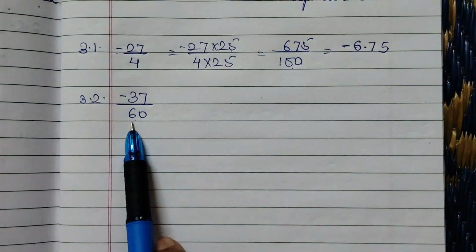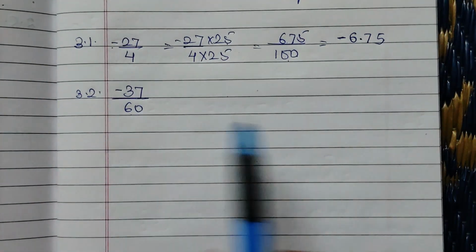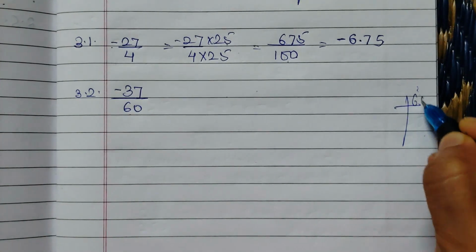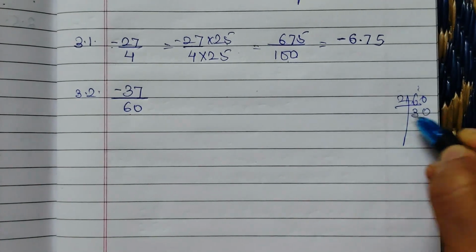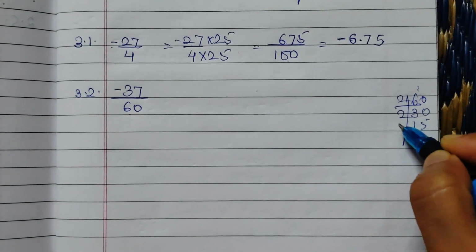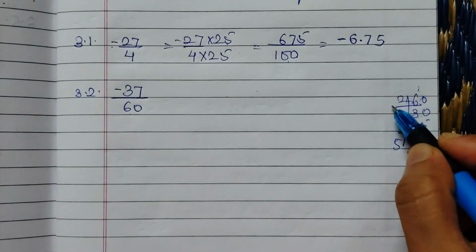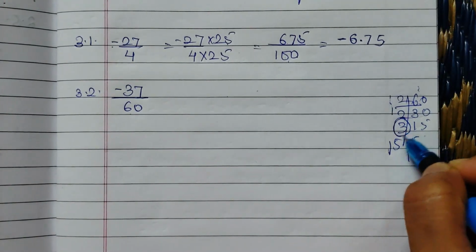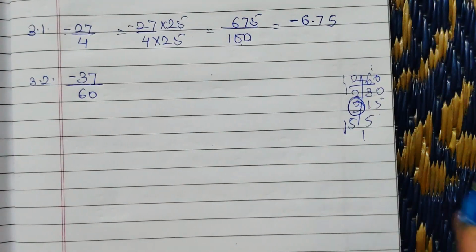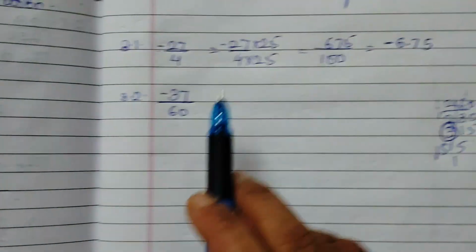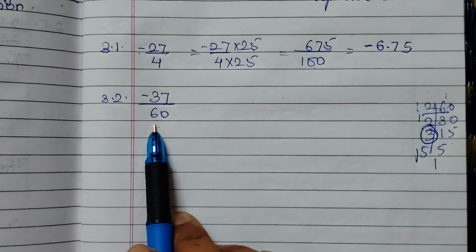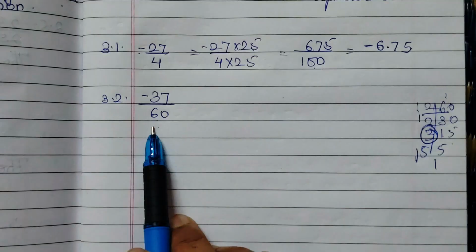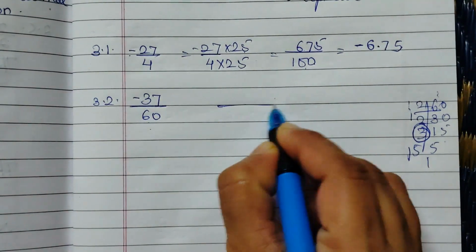But here 60 is there, because if you take the prime factors of 60, you have 2 and 5, but you have 3 also over here. So that is why we are not going to do this method. We are going to do the long division method in this. So let's do it.